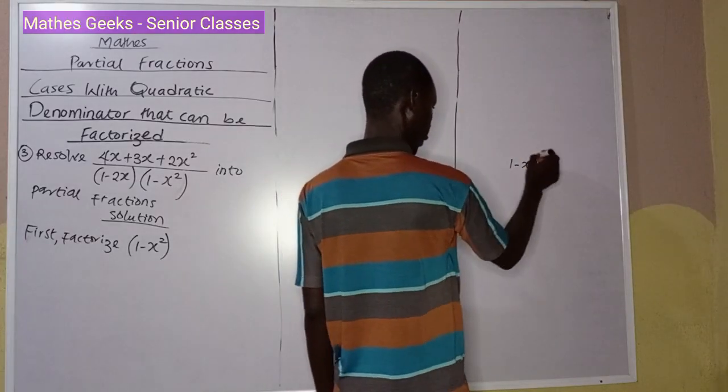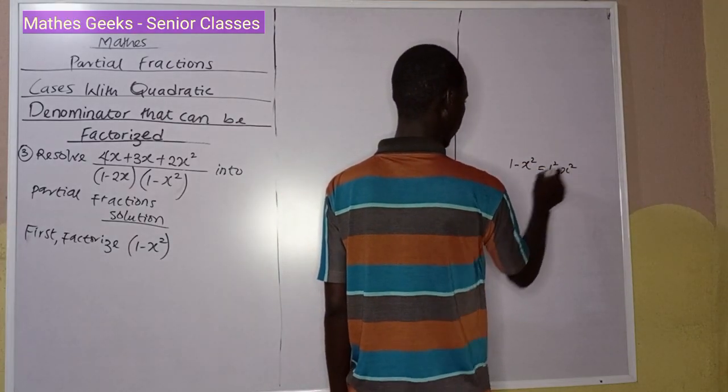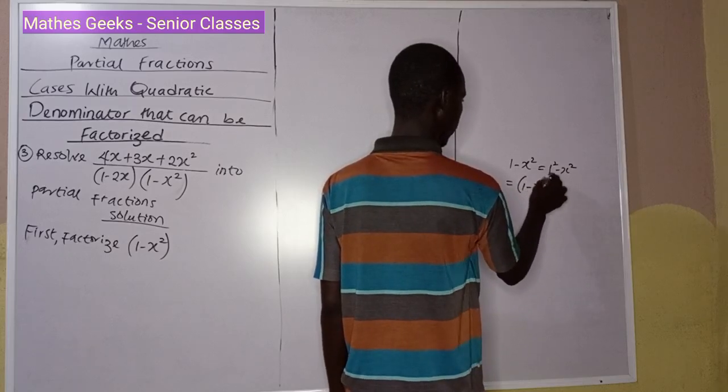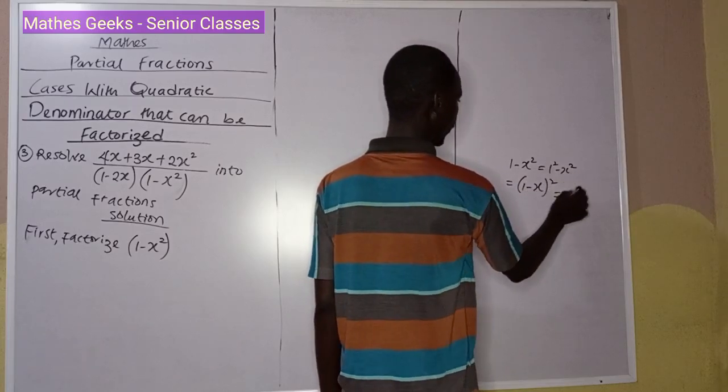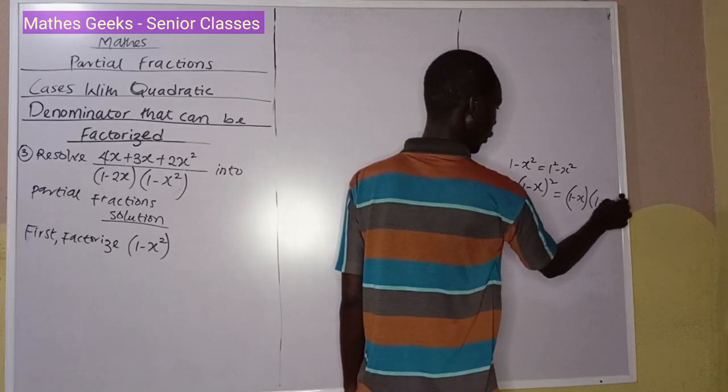This is a difference of two squares, because this is 1 squared minus x squared, which is equal to 1 minus x squared. Consequently, it's going to be (1 minus x)(1 plus x).